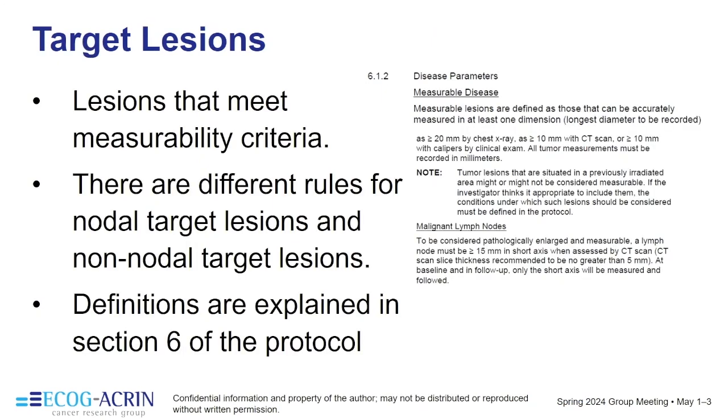Target lesions are lesions that meet measurability criteria. There are different rules if it's a nodal target lesion or a non-nodal target lesion. And these definitions, I'm going to go over them, but they're also in section 6 of the protocol. Section 6 will contain all information on RECIST if you are working on a RECIST trial.